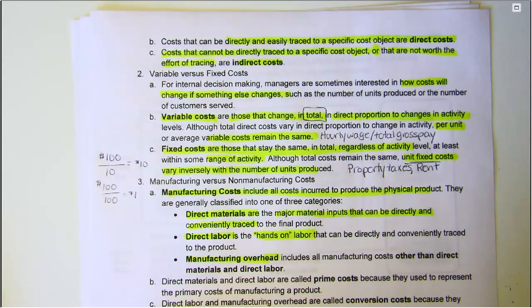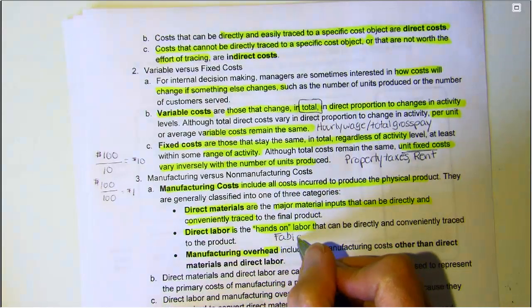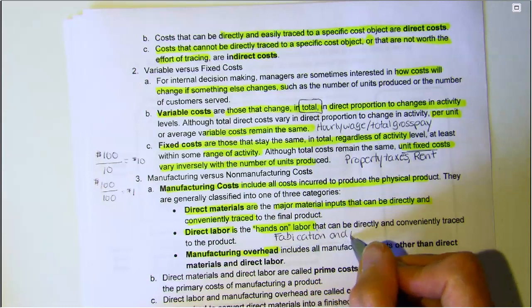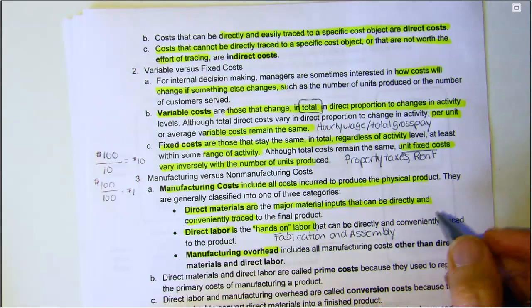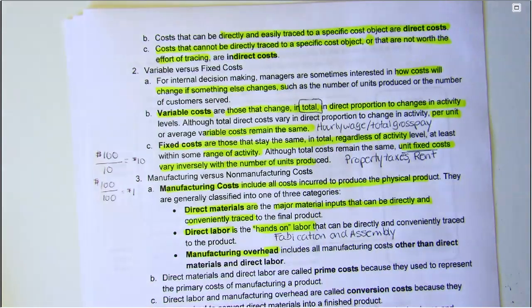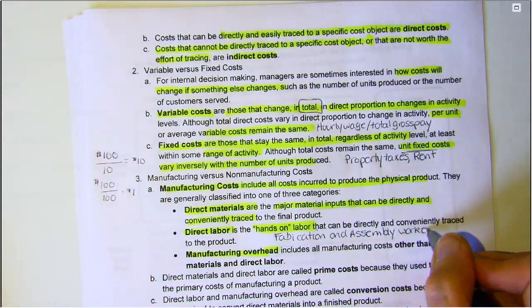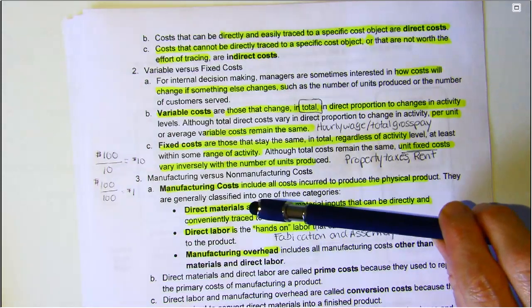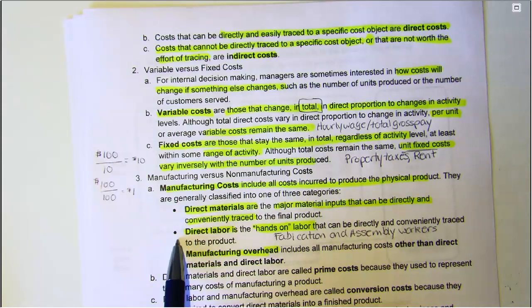Two examples of direct labor are fabrication, which means to make the parts, and assembly, which means to put the parts together. Both fabrication and assembly workers are direct labor because they're going to be touching that product. They're going to be putting that product together and making the parts for that product. So both of those can be traced directly to the product.